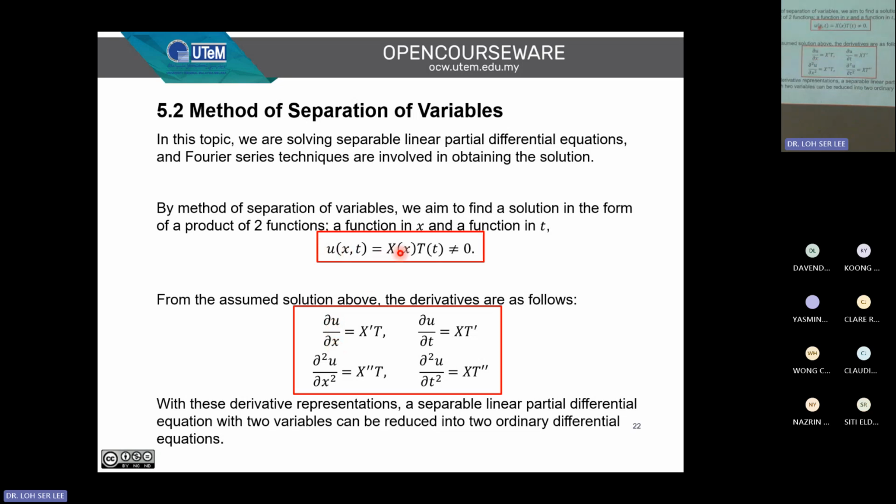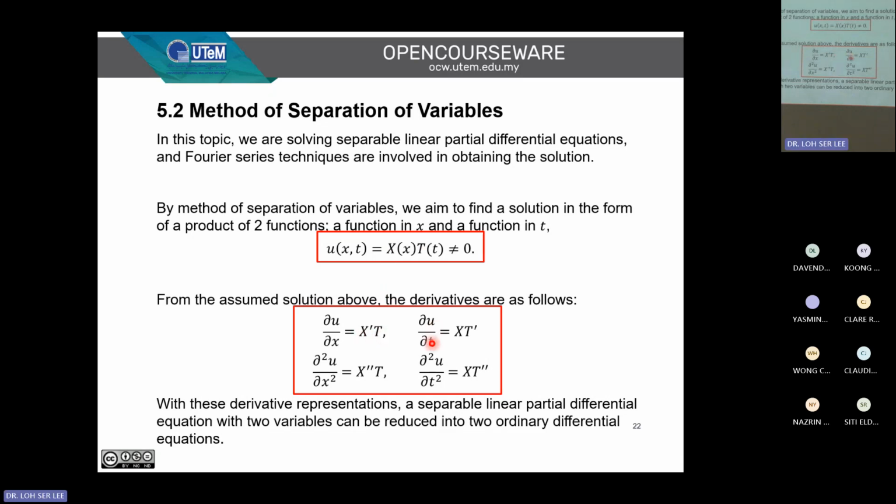Our u is X times T, so there is one prime on the X. So it is X prime T.